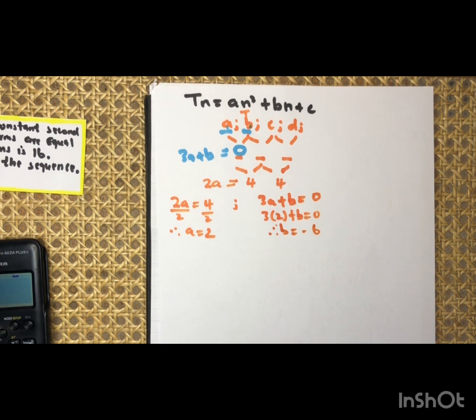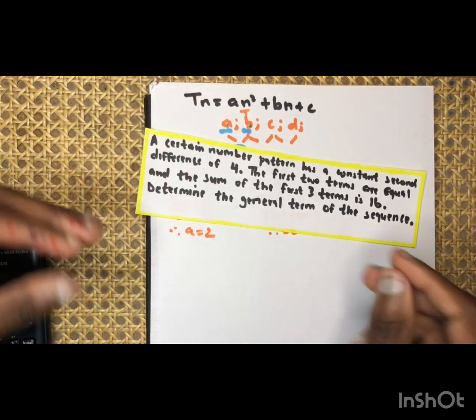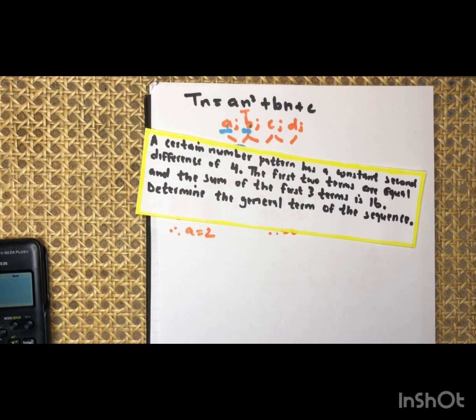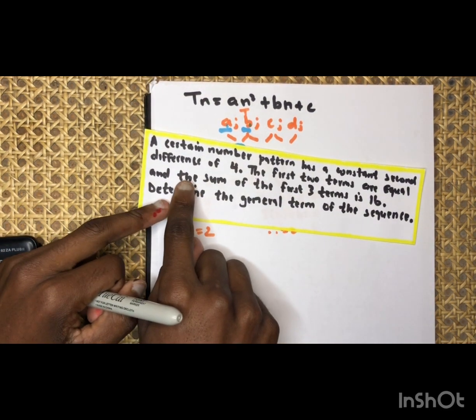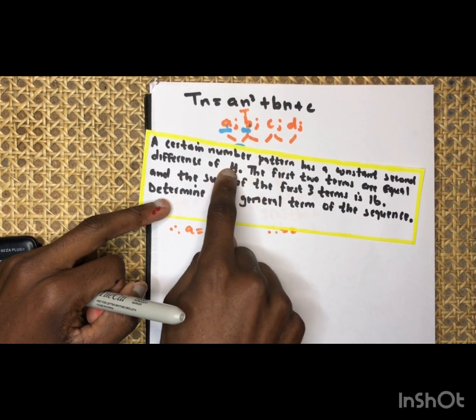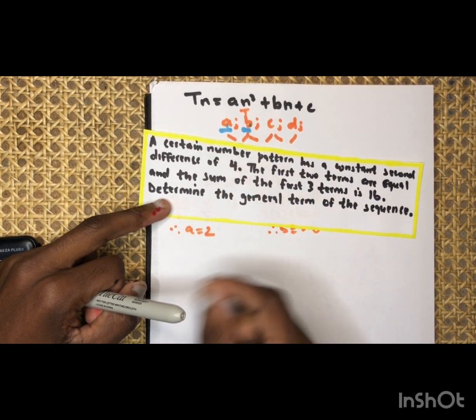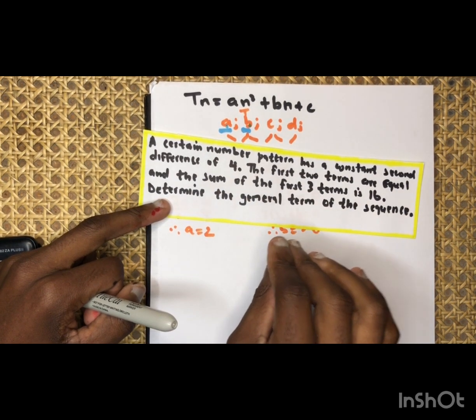Then we need c. How can we find c, Mr. G? We can find c by using the information that we didn't use. The sum of the first three terms is 16. We didn't use this information, so we are left with it.